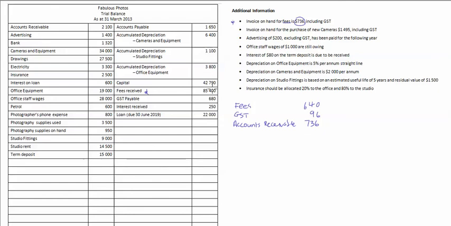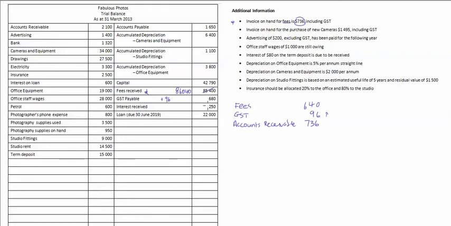So let's make those changes. The fees will go up from 85,400 to 86,040. The GST will go up by 96. Now, why does GST go up? Well, GST is a liability, and when we make a sale, that increases the liability. So that's going to go up by 96.